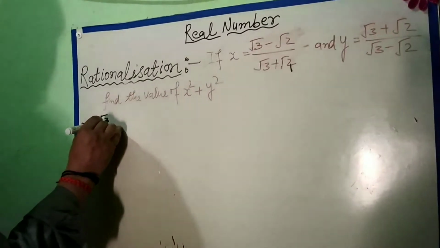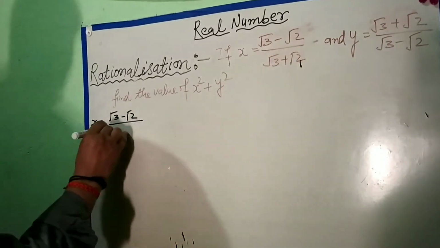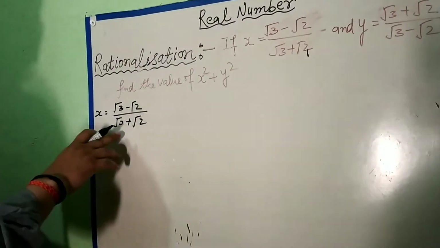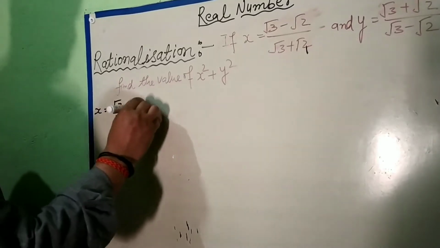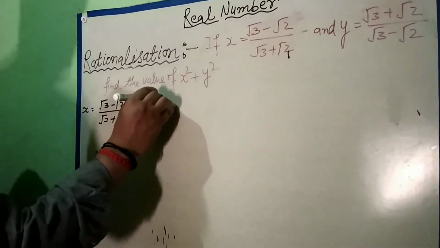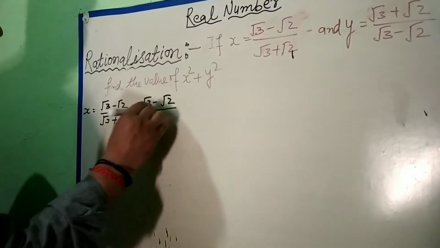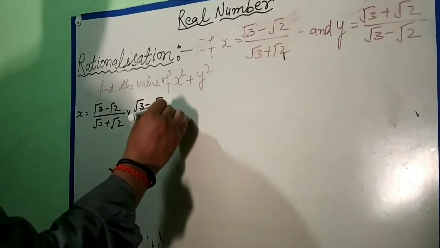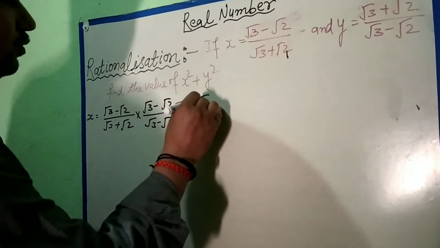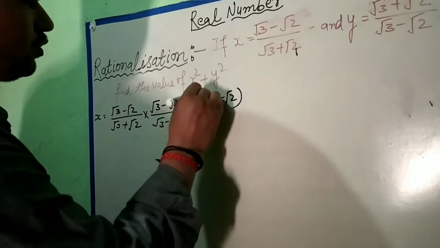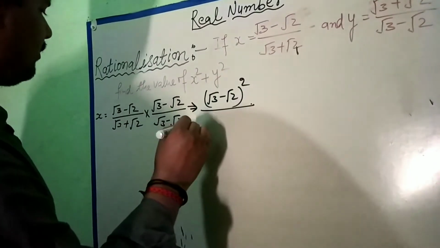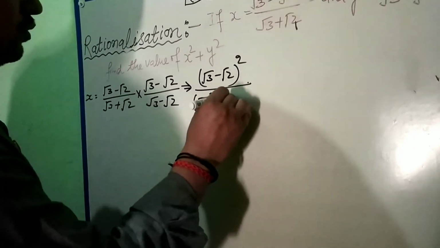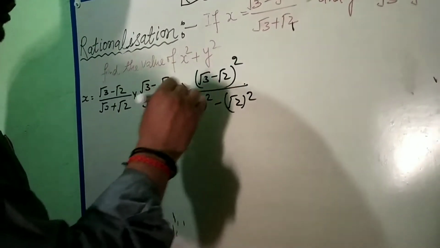To rationalize, x is equal to root 3 minus root 2 upon root 3 plus root 2, and what will be its RF, rationalizing factor, that will be root 3 minus root 2 upon root 3 minus root 2. What we have got in the numerator is root 3 minus root 2 का whole square, and in the denominator we have got root 3 का square minus root 2 का square.